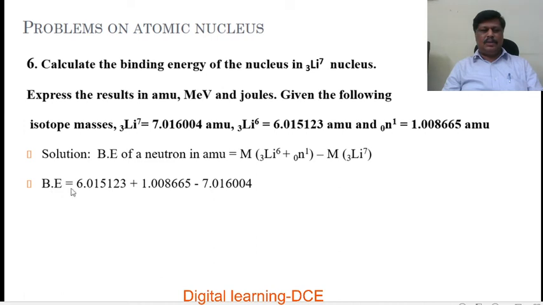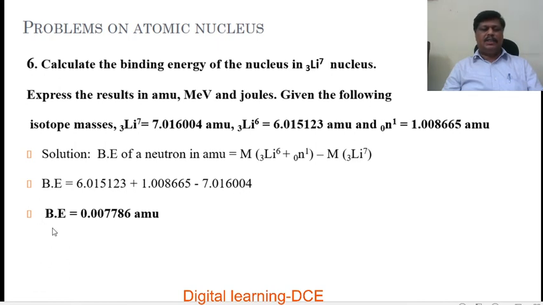So mass of 3 lithium 6 is 6.015123 plus mass of neutron 1.008665 minus mass of 3 lithium 7, 7.016004.